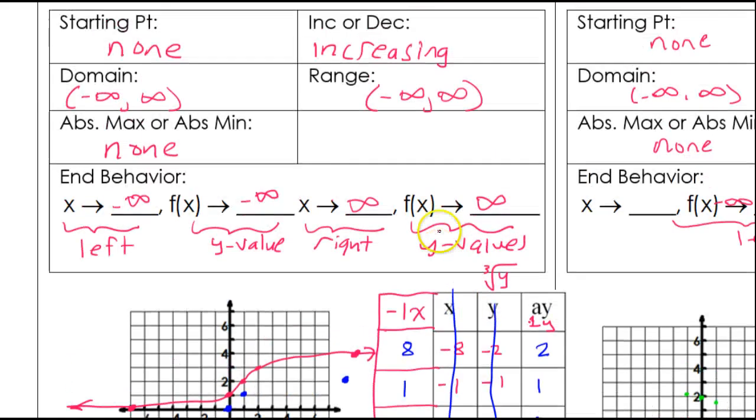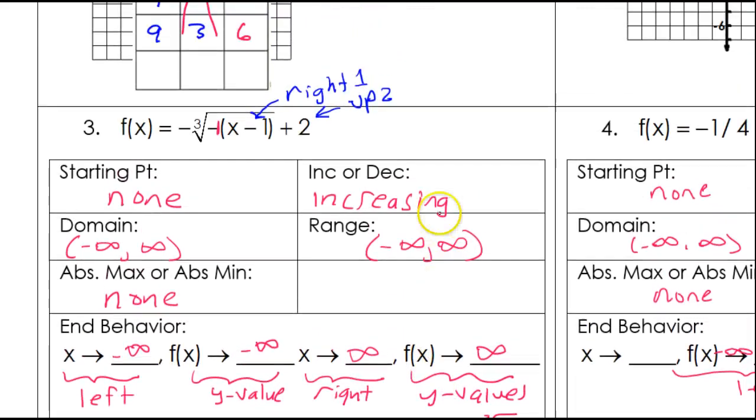Okay, so that is it for problem number 3, except for we need to mention a couple more transformations. When you have a negative sign under the radical, that is a reflection over the y-axis.